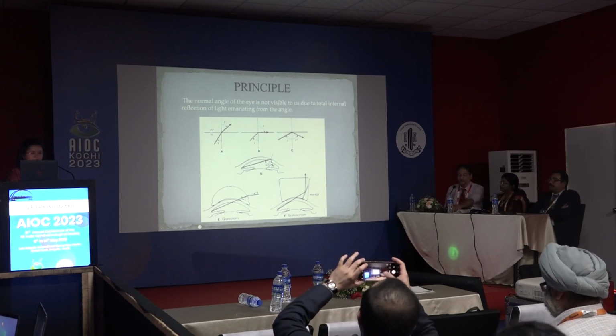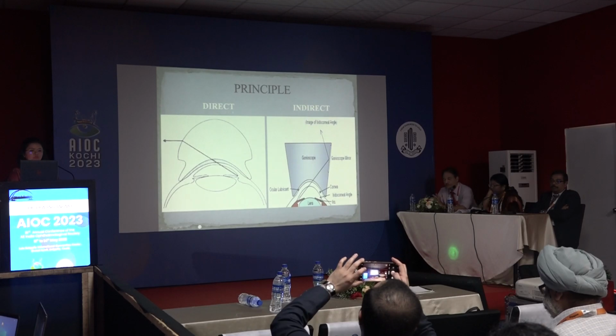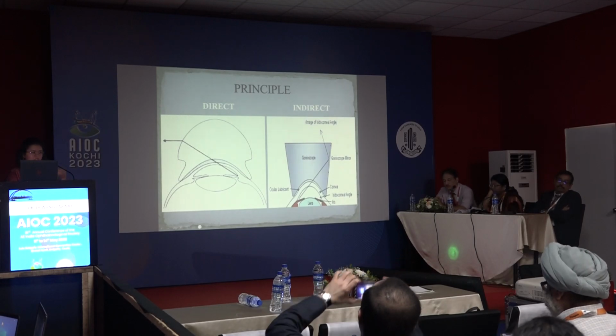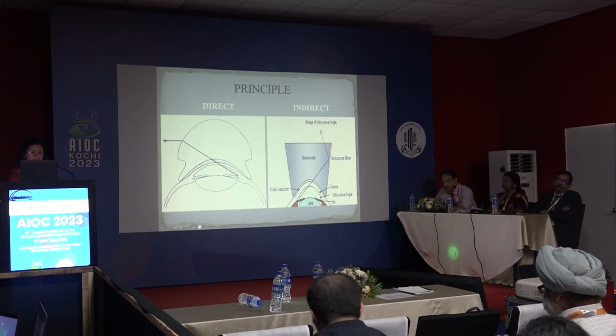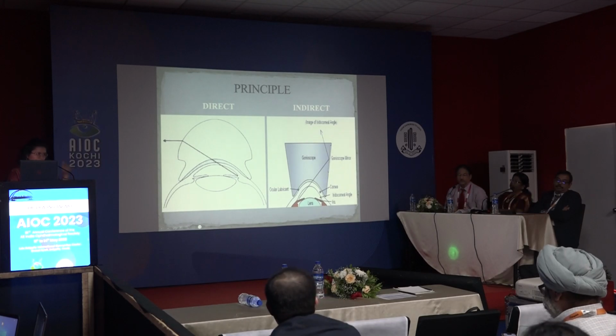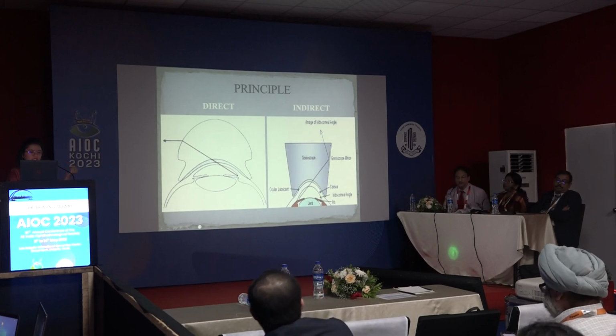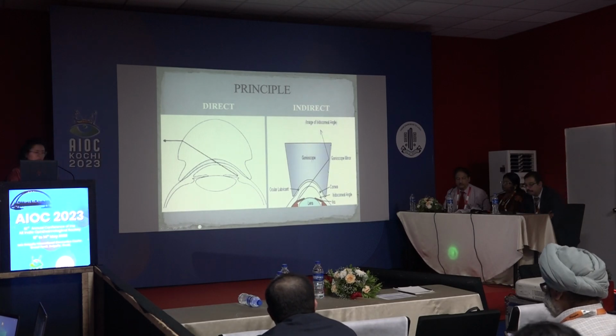Depending on the type of gonioscope that we are using, we have the direct and the indirect technique. In the direct gonioscope, as the name suggests, there is a gonio lens sitting there, and you can visualize the angle. If you are visualizing the superior angle, you will see the superior angle. Versus the indirect gonioscope, which uses a mirror. If you're seeing the superior angle, it will show you the inferior, because the mirror will reflect the opposite angle.